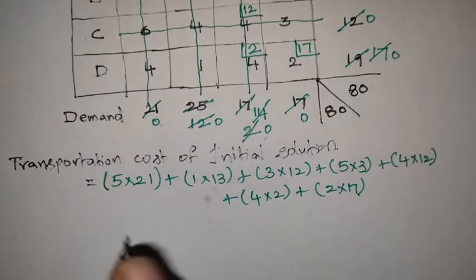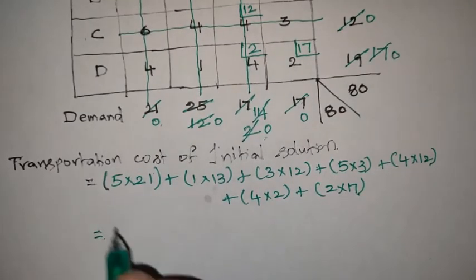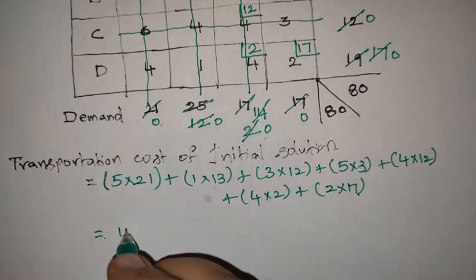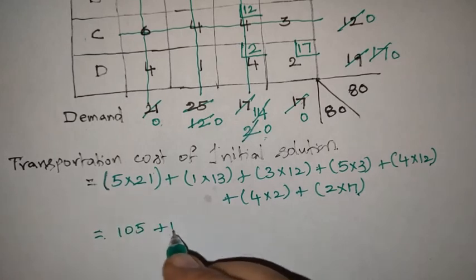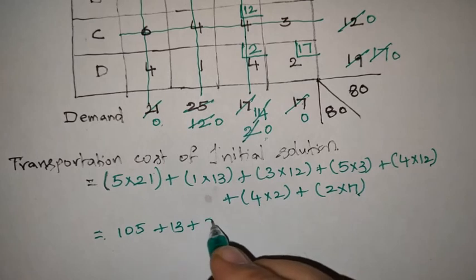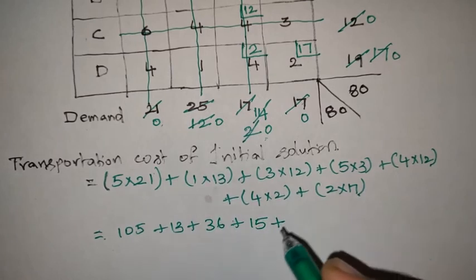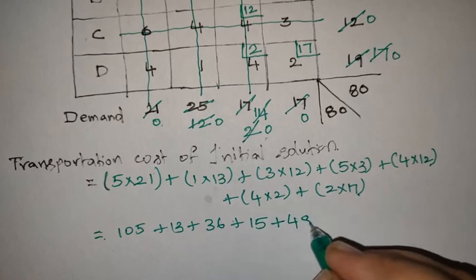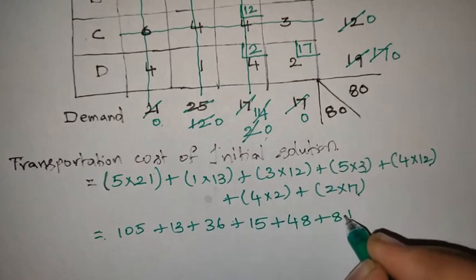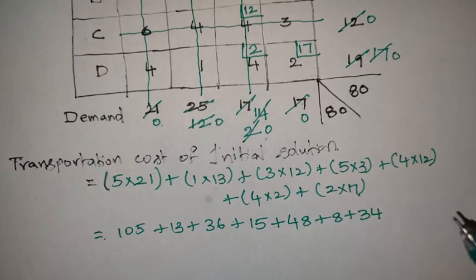Then find the transportation cost value. 21 into 5, 105, plus 13, plus 36, plus 15, plus 48, plus 8, plus 34. So how much is it equal to?